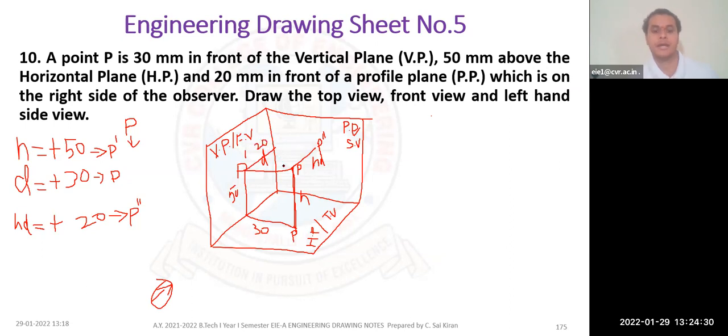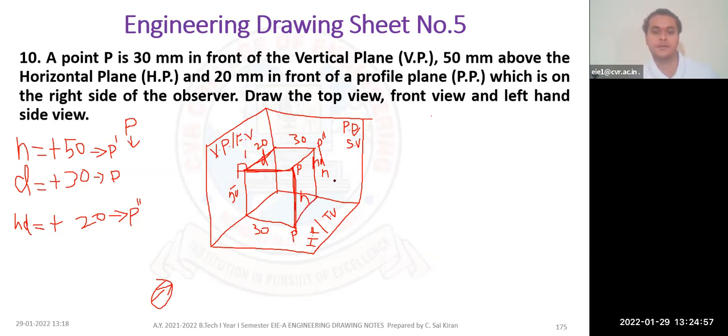This 30 mm distance will again be projected here, and the same vertical height H will be projected here. The same 20 mm will come here.